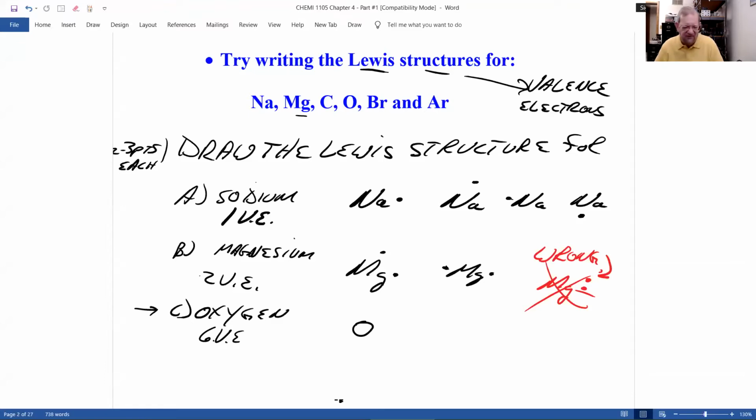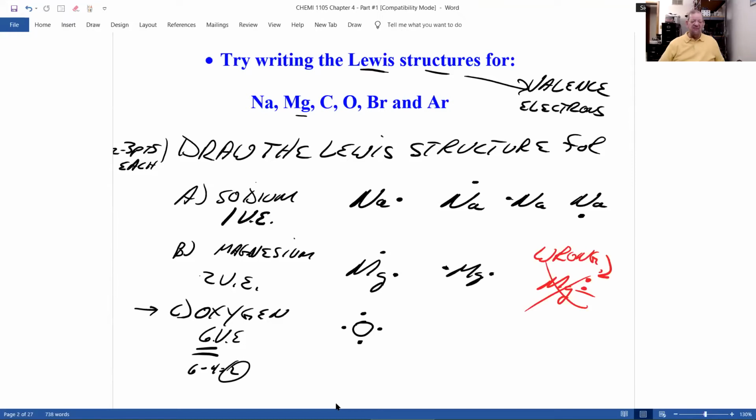It was more than 20 seconds, but I won't tell if you don't. All right, so I have 6 valence electrons. You start on any side, and each side gets 1 first. Well, I've got 4, I've got 2 more to go. How do I know that? 6 minus 4 equals 2.